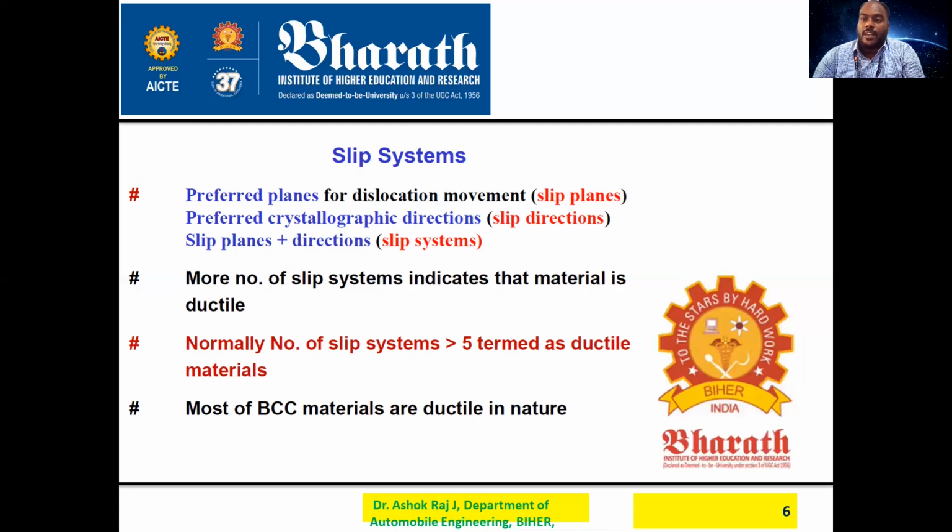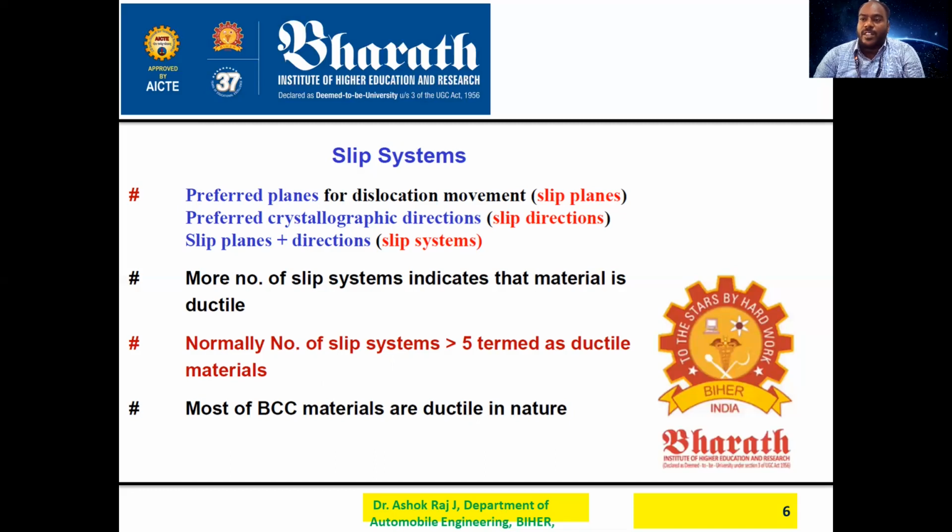Okay, it means if you see FCC, what are the materials there? Aluminum, copper, tin, and so on. And BCC: alpha iron, all the steels, and cast irons come under BCC. HCP: titanium and magnesium.